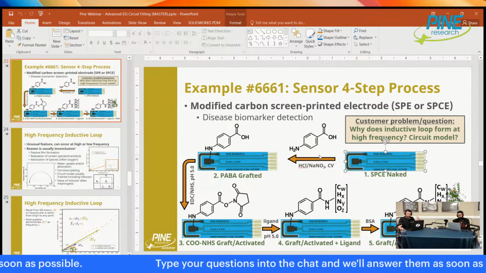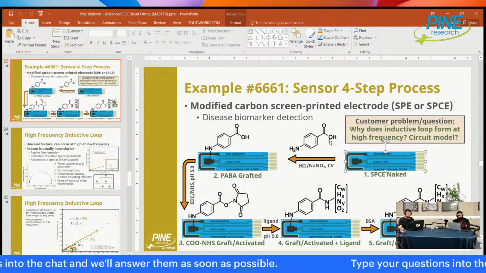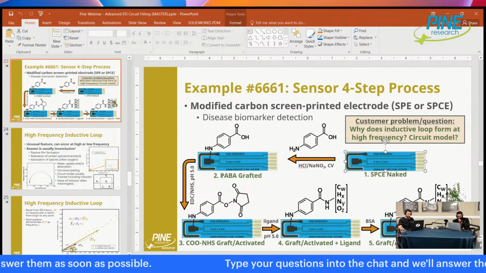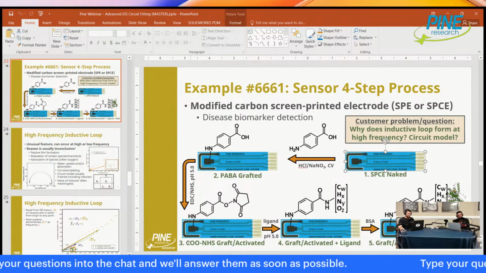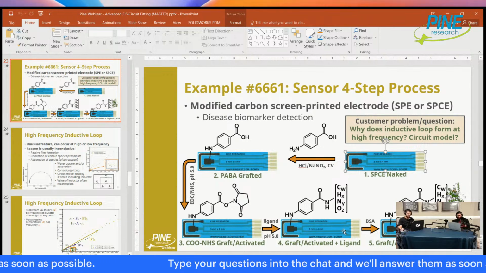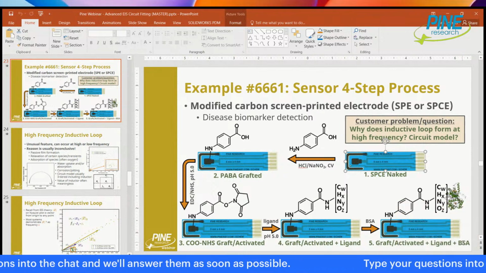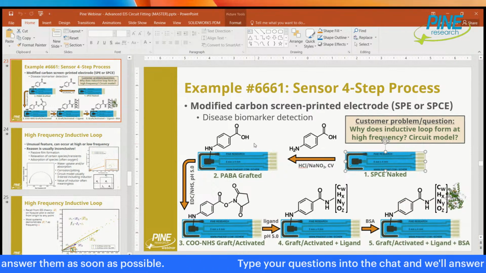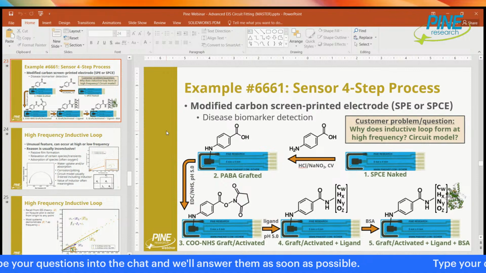This isn't my data, so I can't speak fully to exactly what it is, but they used hydrochloric acid and sodium nitrite, grafted this PABA, and then they grafted a carboxylic NHS something on it and activated it, and then they did it at pH 5 and did another special graft, and then they put this bovine serum albumin, and effectively this was used as a disease biomarker detector, right? I mean, this is why you modify electrodes. What they did basically was impedance at each step.